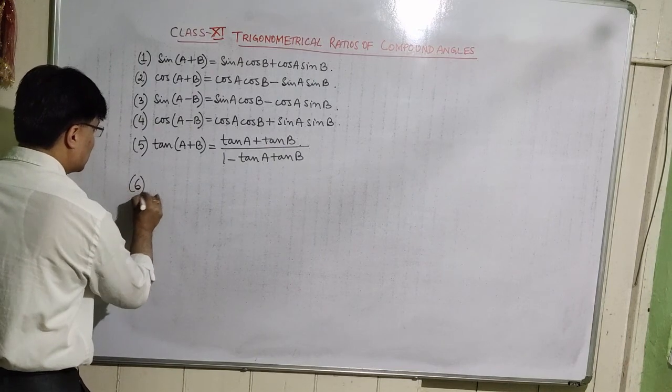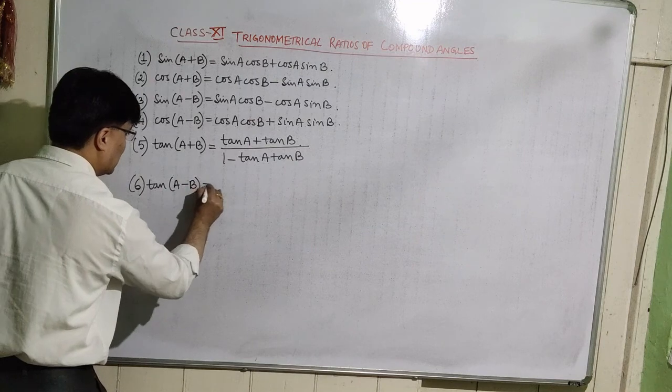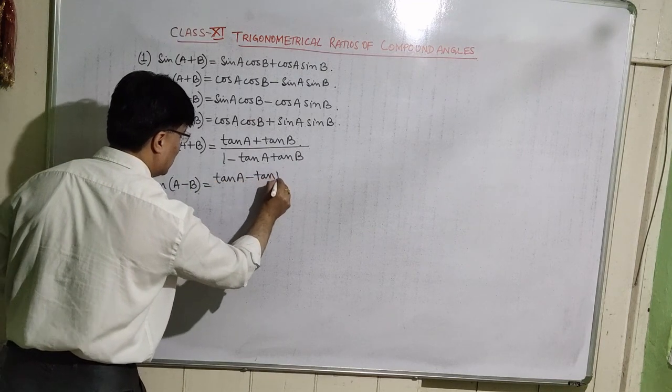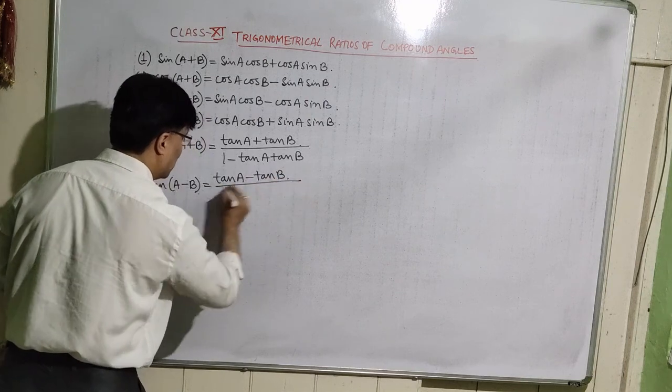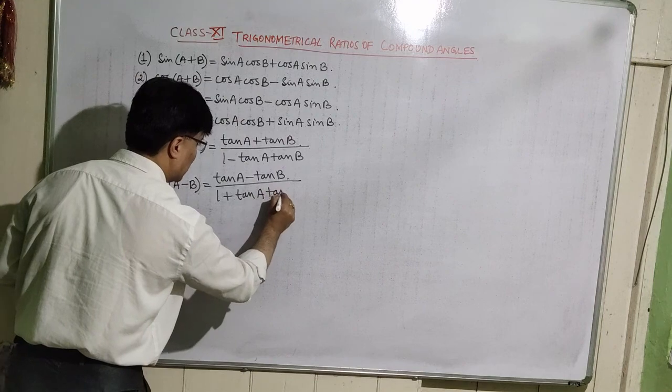And number six, tan of A minus B is equal to tan A minus tan B divided by 1 plus tan A tan B.